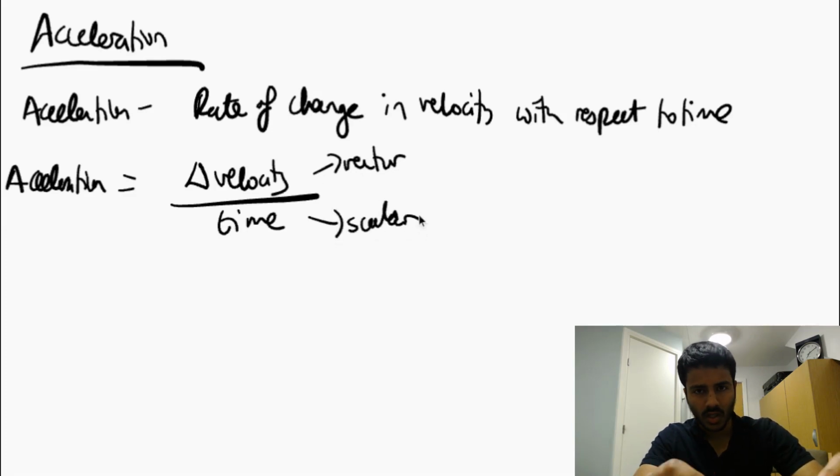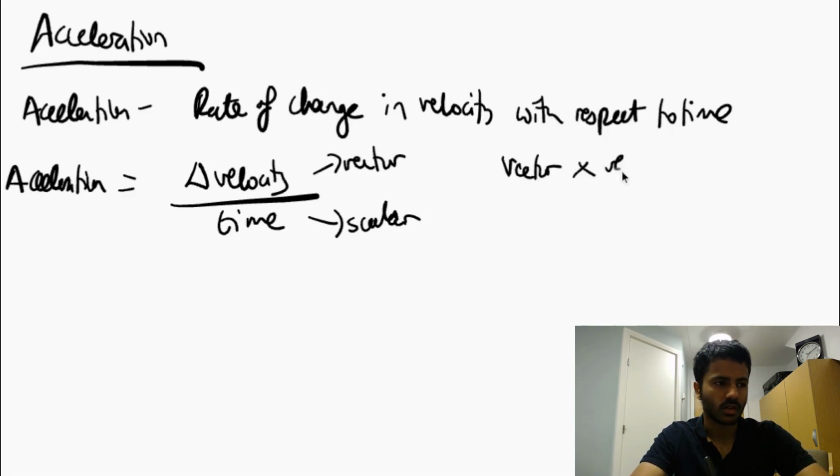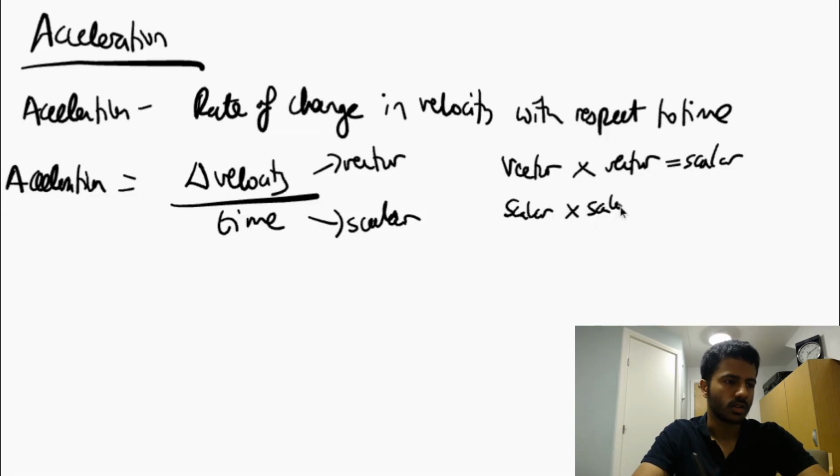And here's a little trick that you can use to determine whether a quantity is a vector or scalar. If you have a vector multiplied or divided by another vector, you get a scalar. If you get a scalar times a scalar, you get a scalar. But if you get a vector times a scalar, you get a vector.